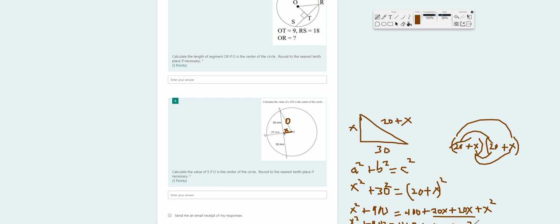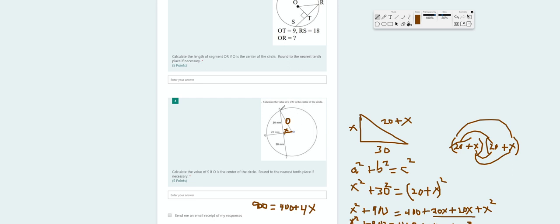Okay, so now if you subtract X squared from both sides, they cancel out. So what you're going to have left, and I'm going to write it over here, is 900 equal to 400 plus 40X.